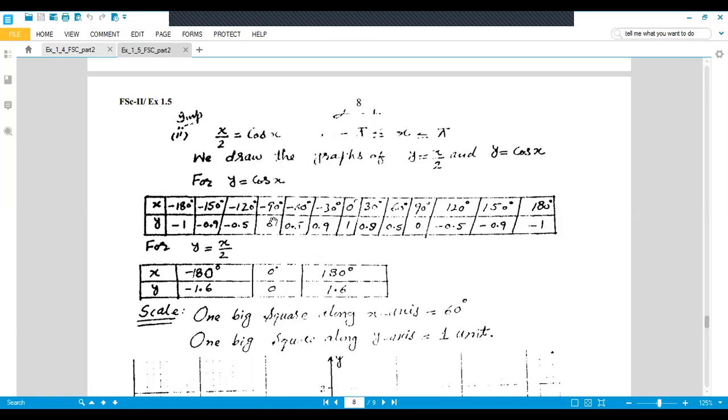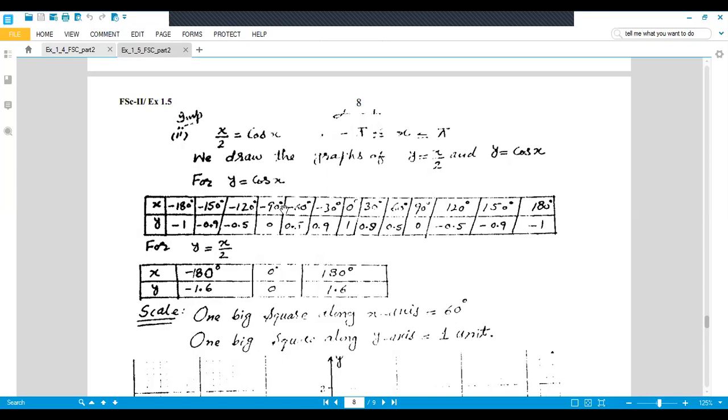For these two equations, you have to draw the table. Again, take the same interval from minus 180 up to 180. When you put minus 180 for cos x and find it from your calculator, you will get minus 1. Similarly, when you put minus 150, you get minus 0.9.